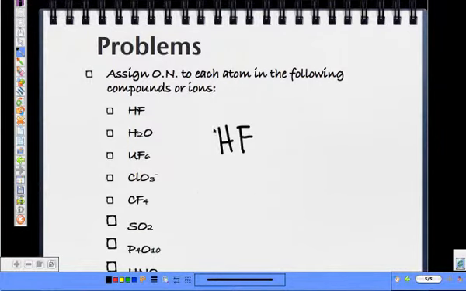What element do we know its oxidation number? Fluorine is always -1. Now this is going to be a simple one.